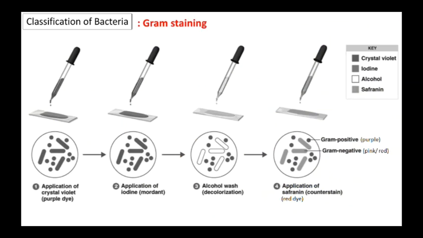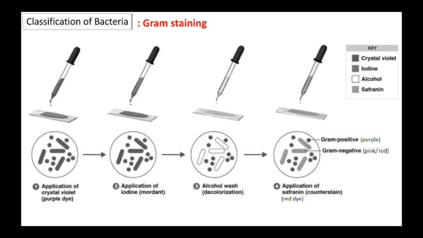Another way to classify bacteria is based on gram staining. Gram staining is a technique used to differentiate bacteria based on the structure of the cell wall. Before we look at the structure of the cell wall of the bacteria, let's understand how gram staining works.